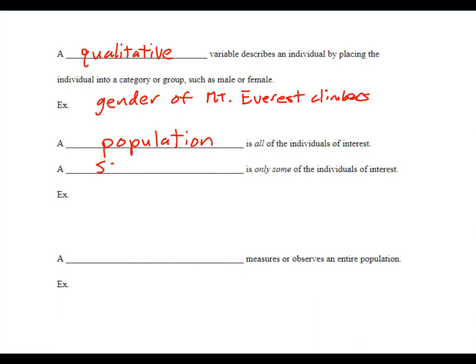A sample is only some of the individuals of interest. So for example, again, let's use favorite ice cream flavor of students at BHS. The population in that example are the BHS students, so all of them.